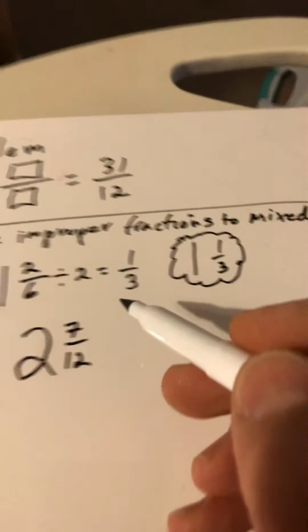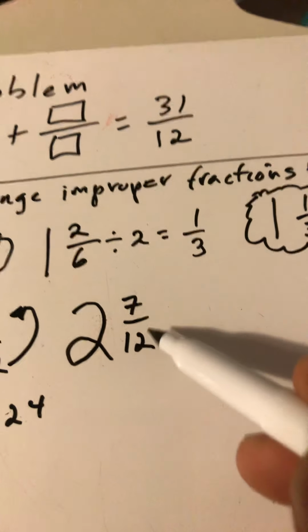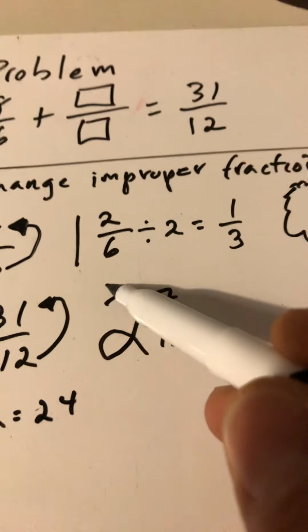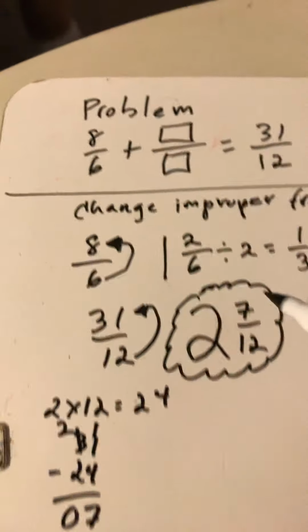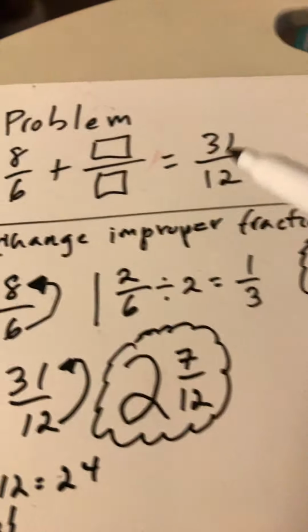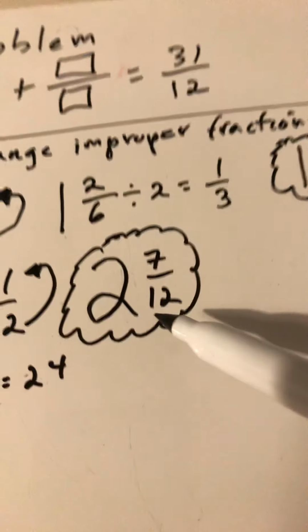And unlike the problem on top here, this 2/6, I don't have to reduce 7/12 because I can't reduce it. They don't have anything in common. So this is actually going to be my reduced answer also. So that means this 8/6 is now this 1 1/3, and this 31/12 is now 2 7/12.